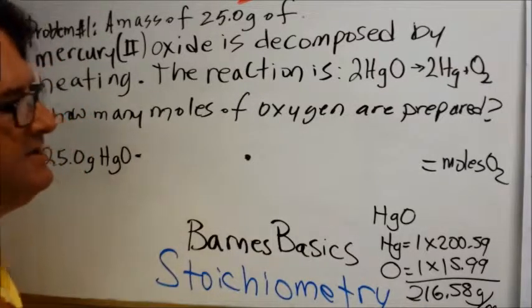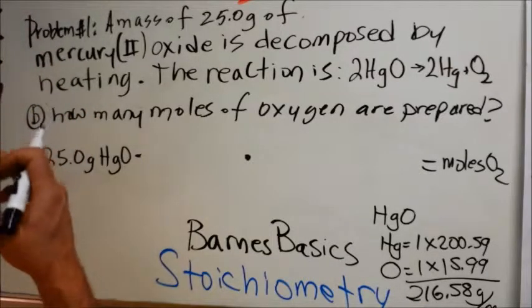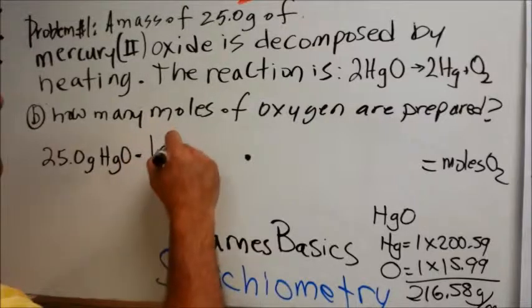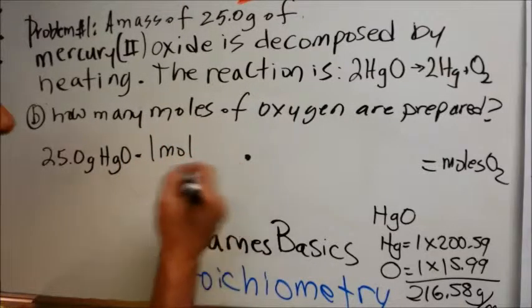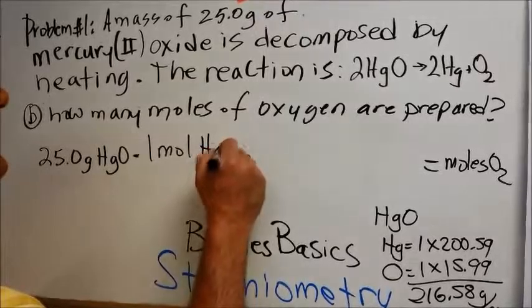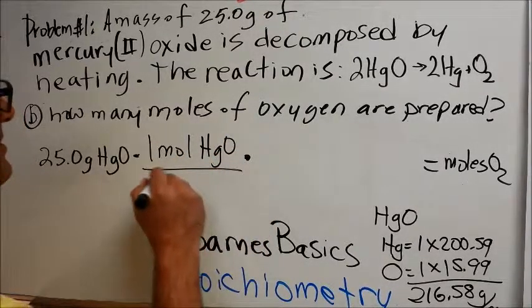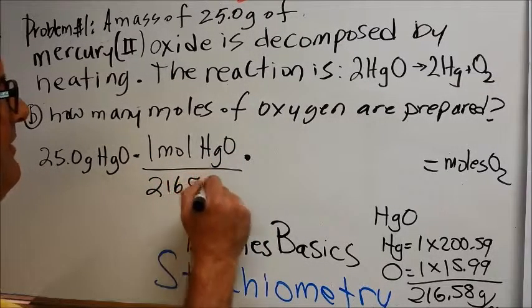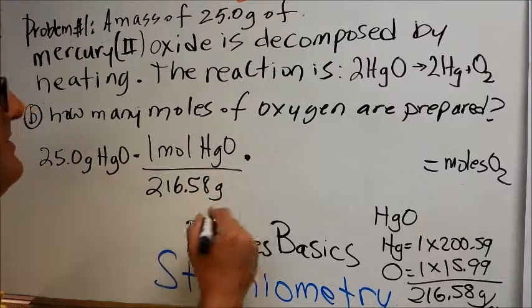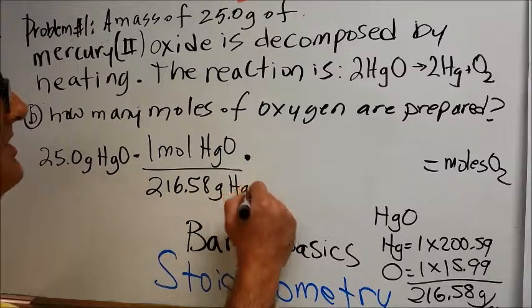We get 216.58 grams per mole. So we would say that 1 mole of mercury oxide is the same thing as 216.58 grams of mercury oxide.